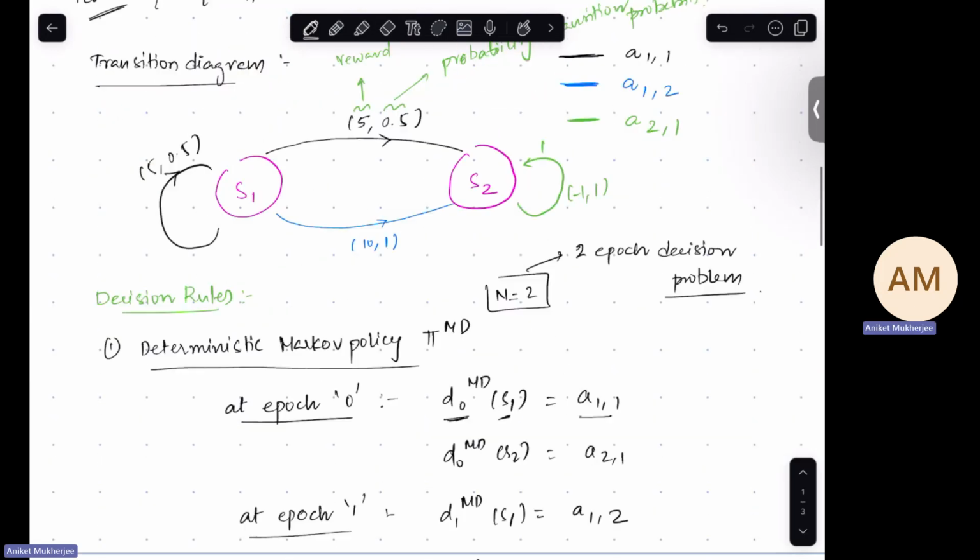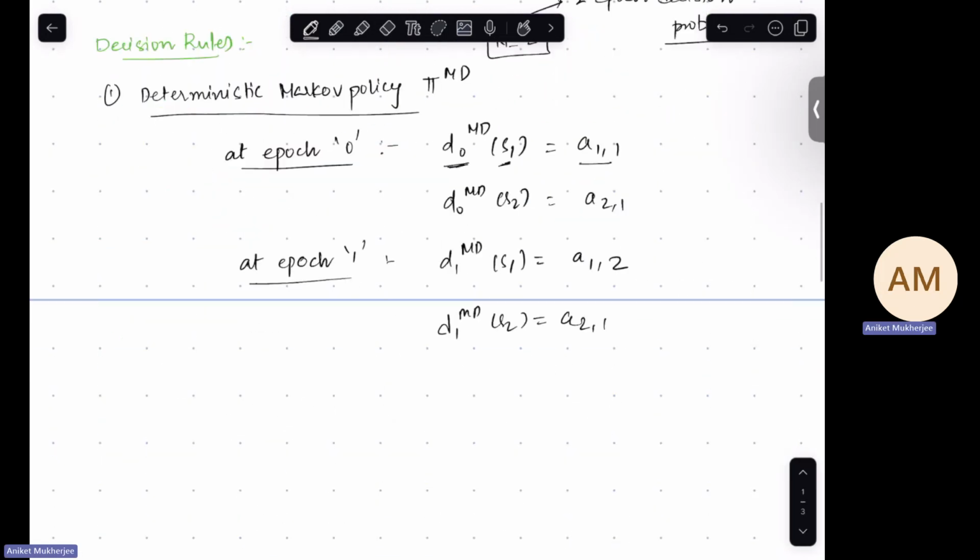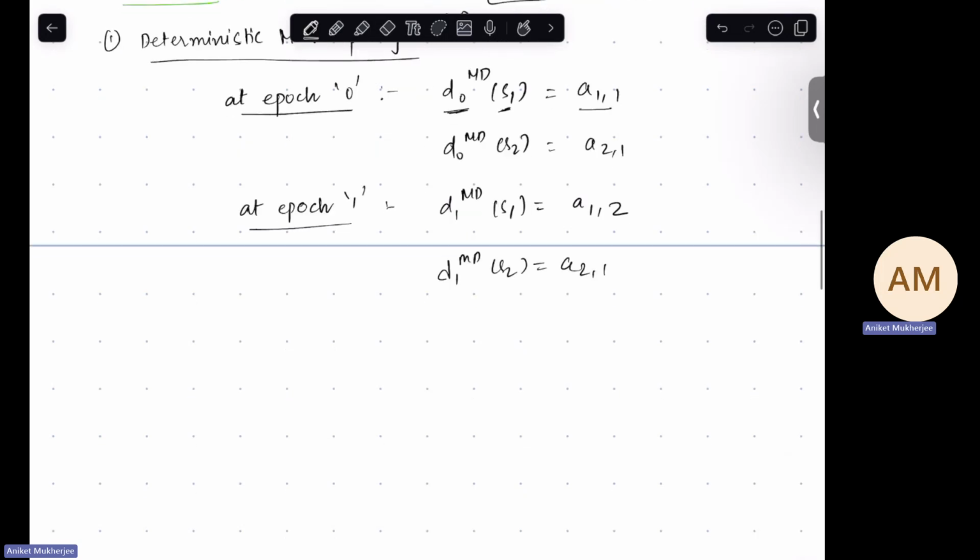Right now we are not talking about whether this is an optimal policy or not. We are just defining how to mathematically represent the policy. Next, we'll slowly come to how to find the optimal policy and so on. But first, we'll learn what the different types of policies are and how to mathematically represent them.